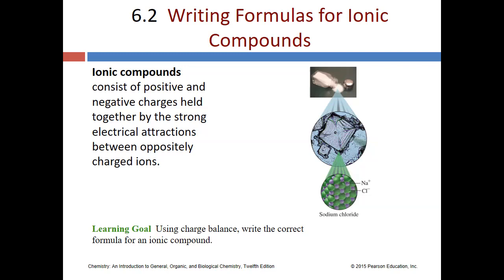So if I'm trying to look at the periodic table and predict what kind of compound I would have if I combined this element and this element, I can very quickly look at what kinds of elements they are. If we've got a metal and a non-metal, well, we know metals make positive ions, non-metals make negative ions. A positive and a negative are going to attract each other. I'm going to get an ionic compound that way.